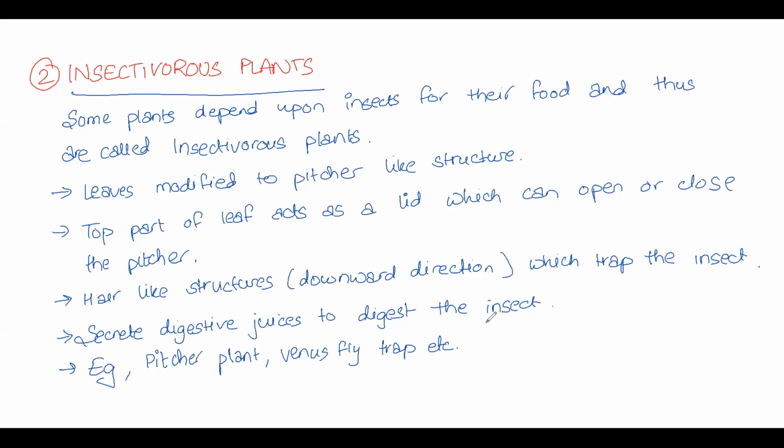Their leaves are modified into a pitcher-like shape, and the top part of the leaf acts as a lid which can close and open the pitcher. Inside the pitcher, there are hair-like structures pointing downward, and when a fly or an insect enters the pitcher, it is not able to come out and the lid closes. Then these plants secrete their digestive juices onto the insect to digest it. This is how insectivorous plants obtain their nutrition.